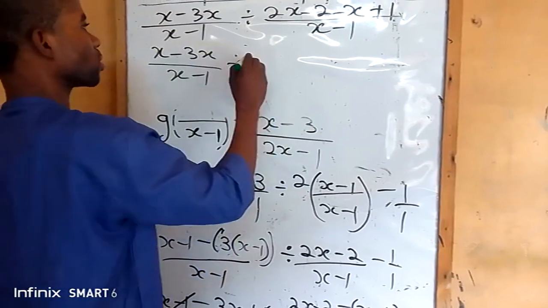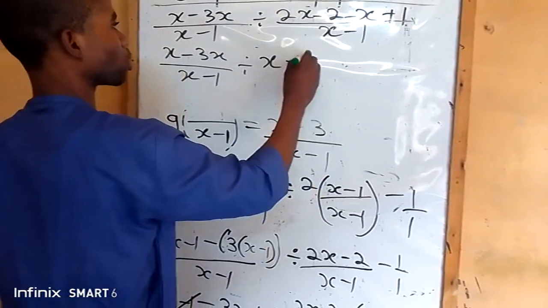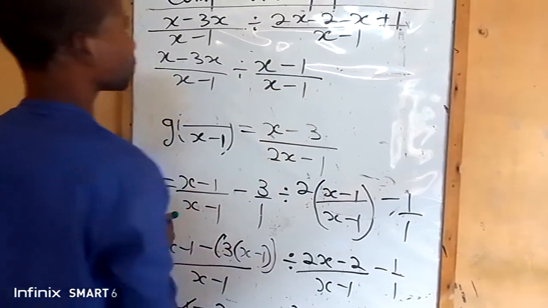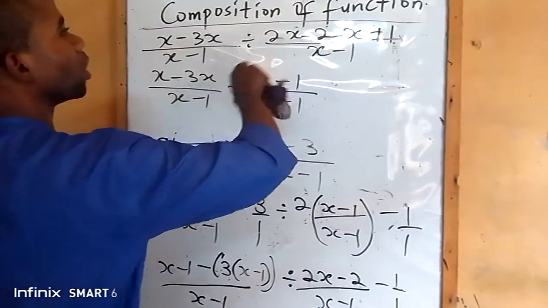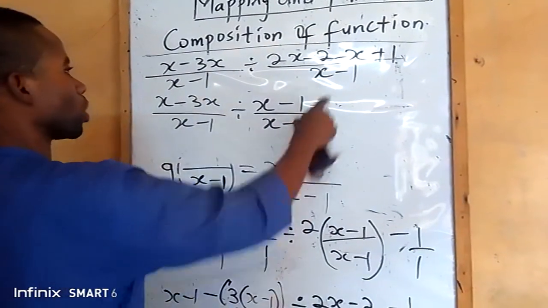That means x minus 3x all over x minus 1 divided by, now 2x minus x, that is x, minus 2 plus 1, that is minus 1, all over x minus 1.